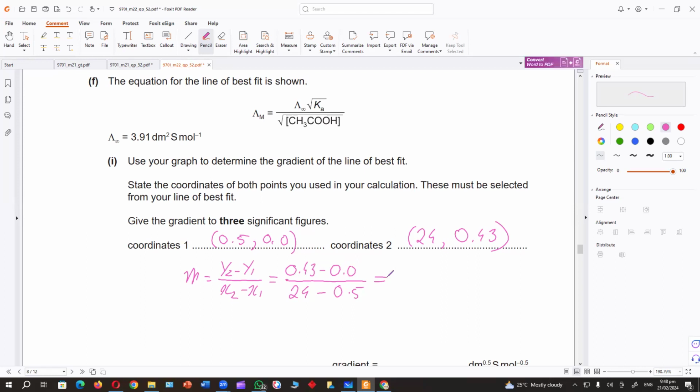Or as your points? Yeah, no, your point. Can you please repeat the answer? Yeah, 0.0183.